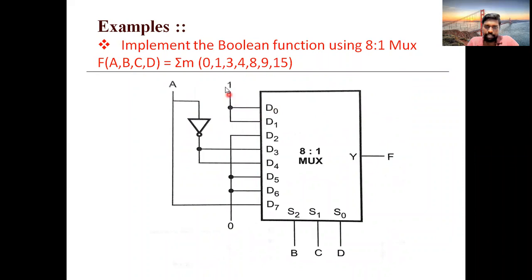So 1 means directly I took 1 here, and 0 means D2, D5, D6 will be 0. That's why I linked to 0, and D7 is A, directly I took A. D3 and D4 both are A bar, so I took the complement of A and gave it to these two.